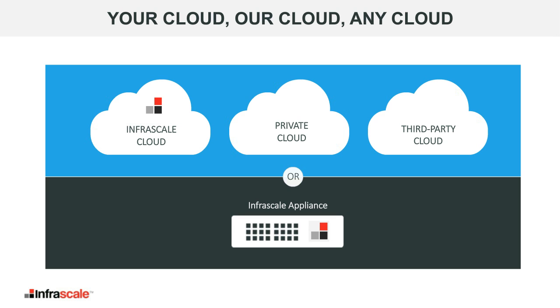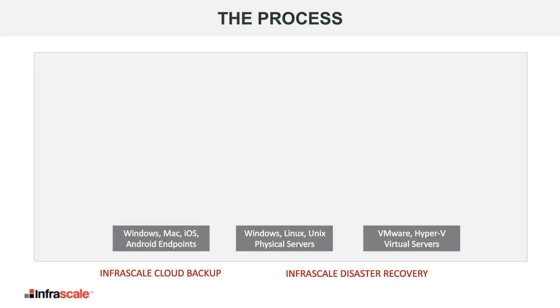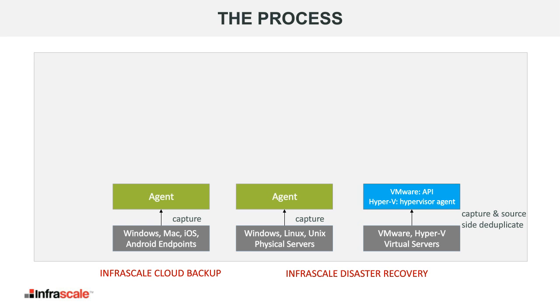And let's take a look at that process to see a little bit more about how it works. So from the bottom up, we're seeing MForScale Cloud Backup and MForScale Disaster Recovery are two solutions. And then that next layer up, we see the source system that we're trying to protect, whether it be Windows or Linux or Unix systems, VMware, Hyper-V, virtual machines, right?